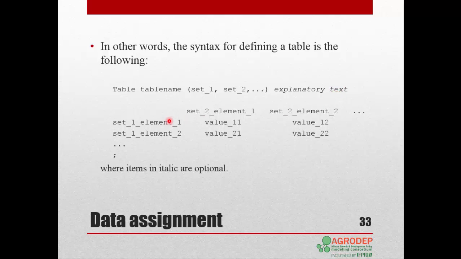The elements of the first set are the rows. The elements of the second set are the columns. And the values must be aligned with the corresponding column titles. A semicolon marks the end of the statement. Items in italic are optional.